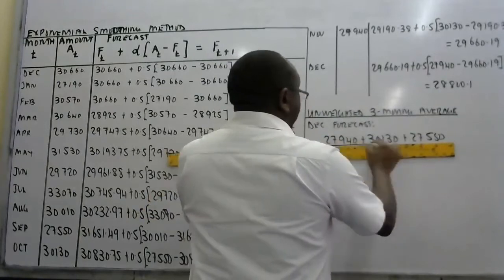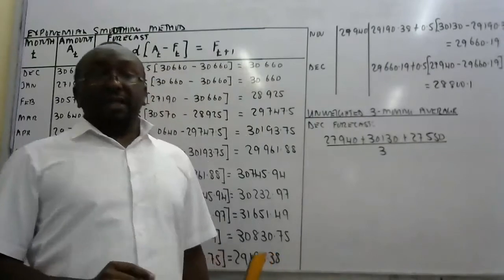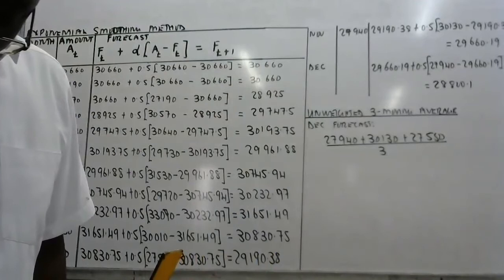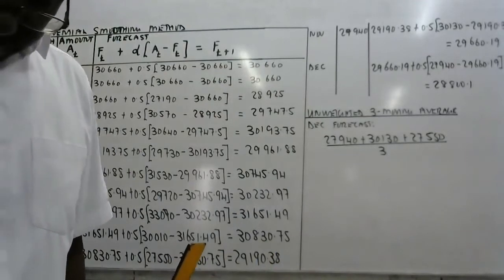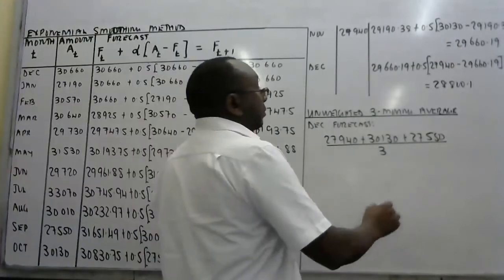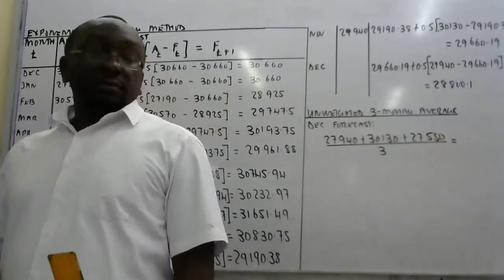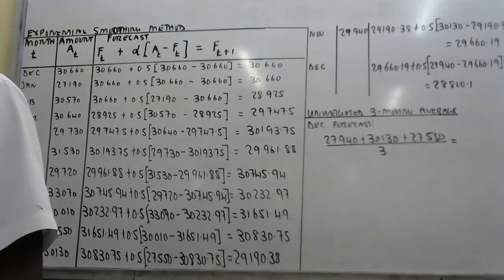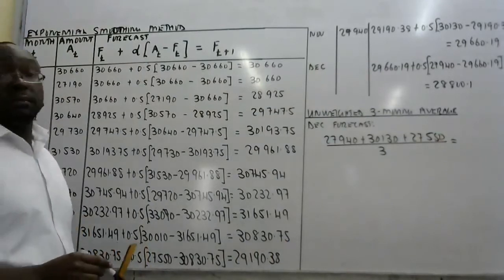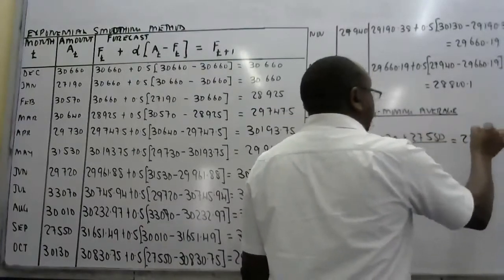You add them and divide by 3. That is 28,540.